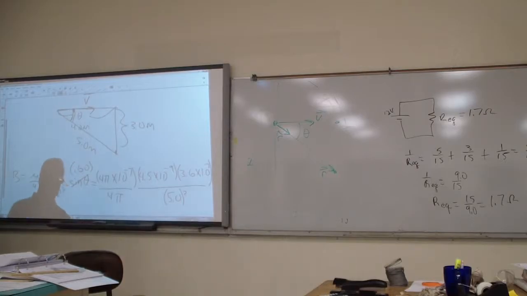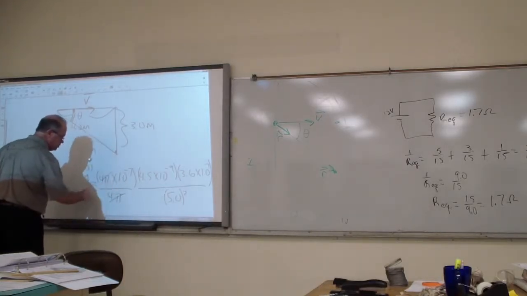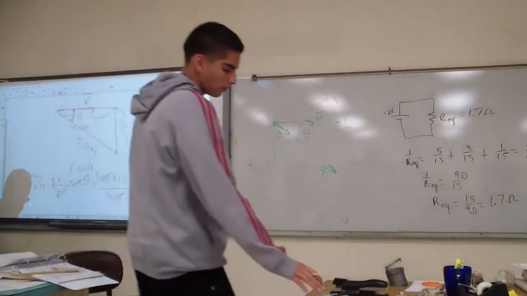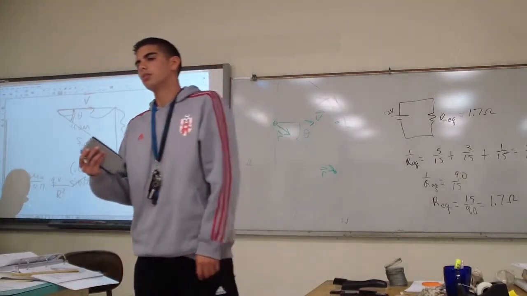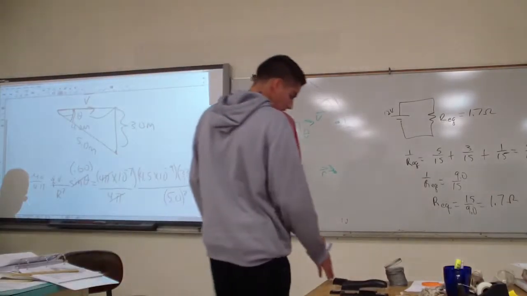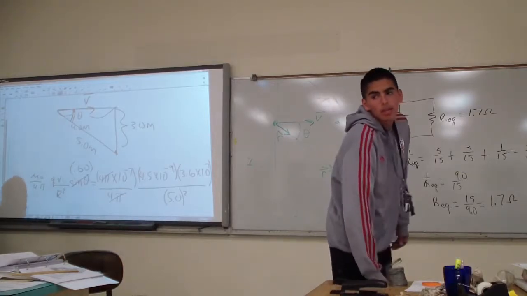Just cancel out your 4 pi. Now I get 6.15 times 10 to the minus 10.